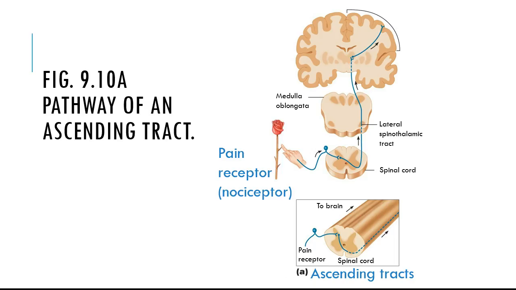Conversely, in this pathway, we're going to talk about nociceptors coming up in chapter 10. Again, the ascending pathways would synapse eventually in the thalamus. And in this case, we said somatosensation occurs in the parietal lobe.